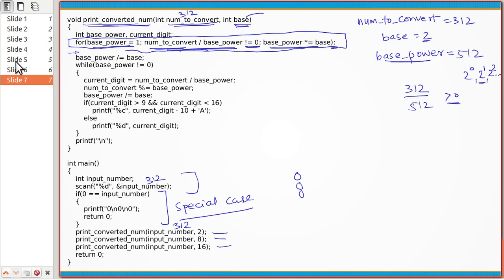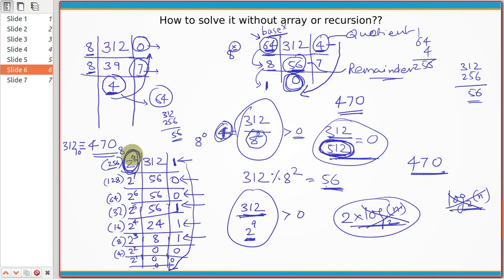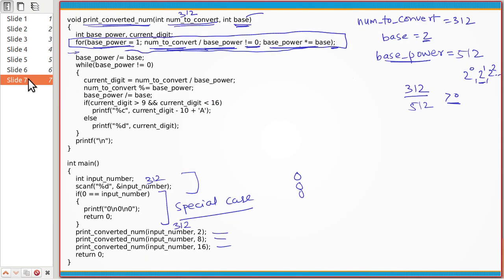But I know that I cannot start dividing by 512, because with that I cannot create even a single group. So I will reduce that power by 1, which you can do by dividing by 2, or dividing by whatever your base is.